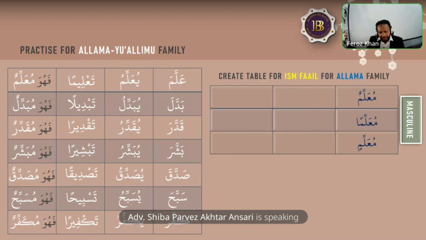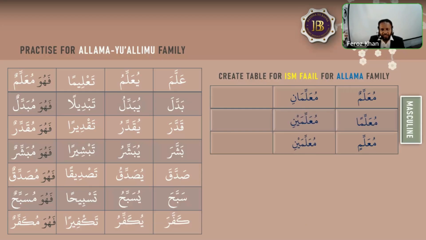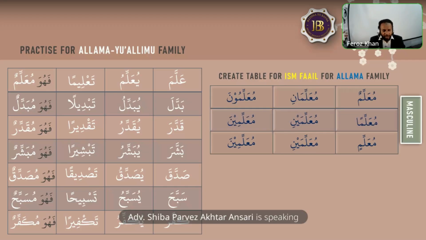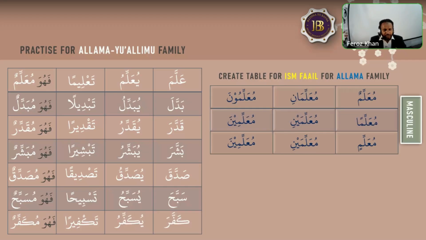Muallimin. Muallimani, two teachers. Or more than two teachers, Muallimuna, Muallimina. That's it. Now, in this case, the doer does not have to be male always. There are females also, right? So the doer could be female. Actually, contrary to the reality, most of the teachers are female.